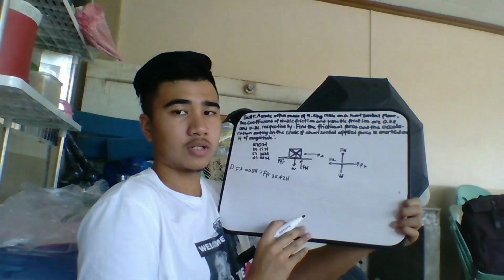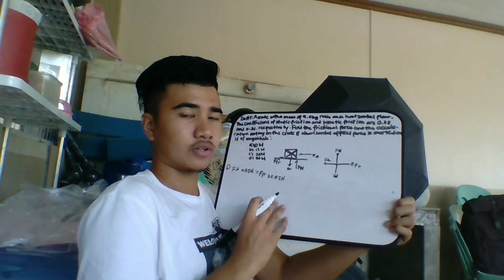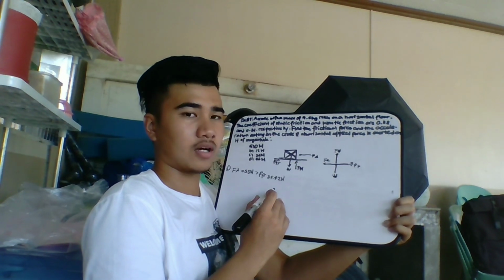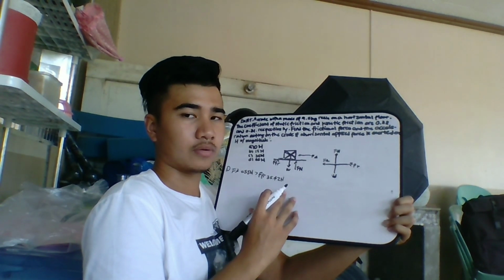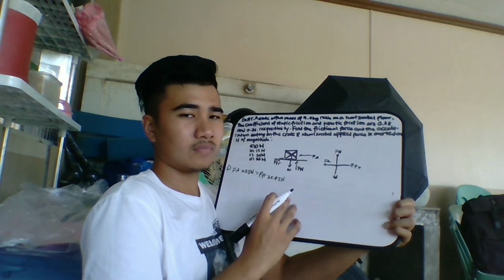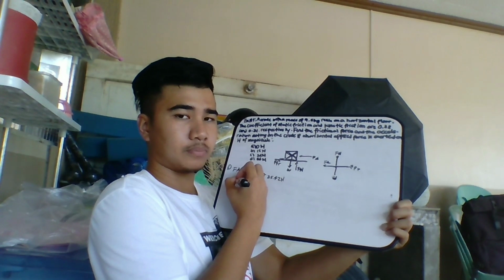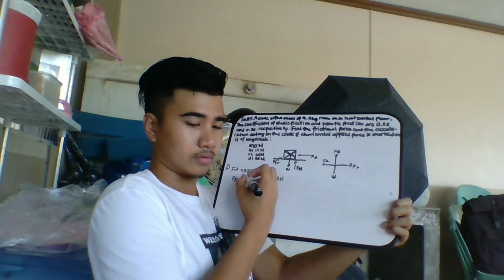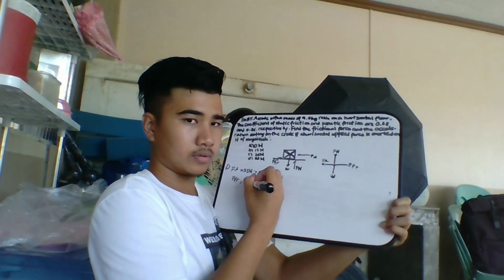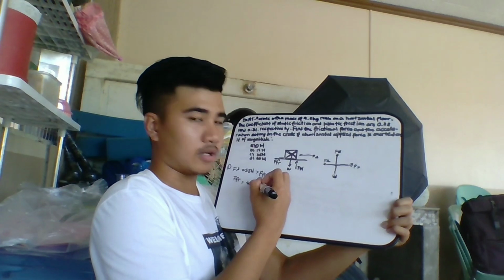In this case, mas malaki na yung applied force natin, and it means that mag-occur na yung kinetic friction, gagalaw na yung crate natin, magkakaroon na tayo ng motion, and therefore, meron na tayong acceleration to be solved later. Gagamitin na natin ang value ng force of friction natin is yung force sa kinetic friction coefficient times the normal force.